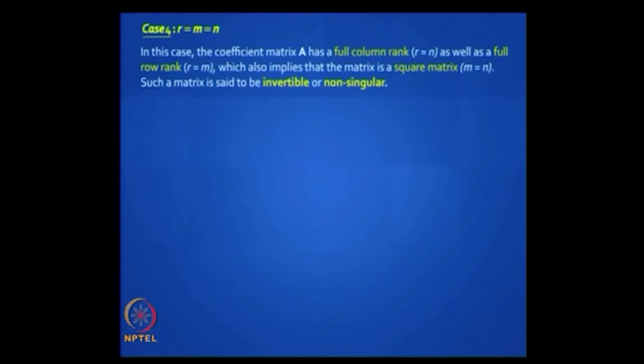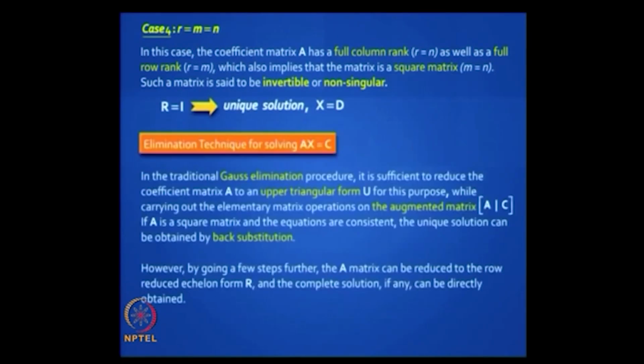And all our stiffness matrices for stable structures will look like this, then you do not have a problem. You also have a symmetric matrix in our case. You have a unique solution, and you can use the Gauss elimination method, or you can reduce to a row reduced echelon form and you can get the answer, right.